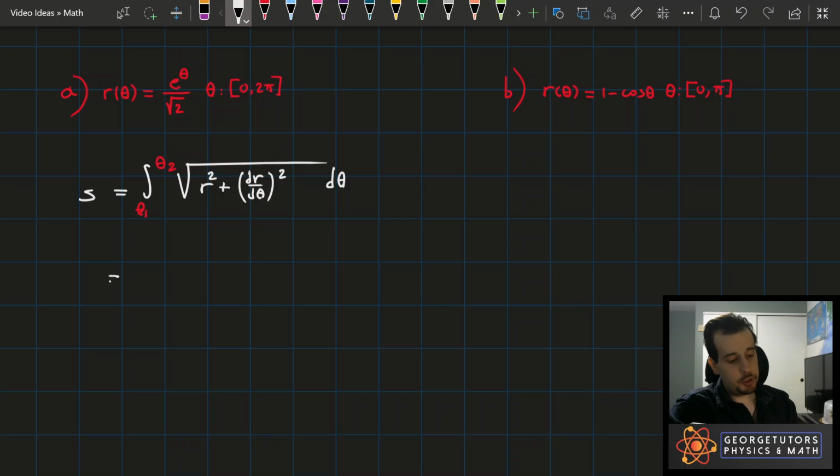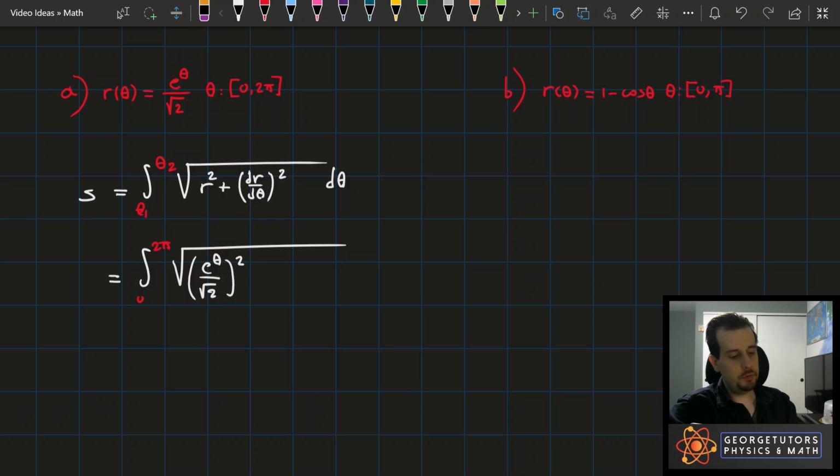The first one over here, it's telling us that it's going from 0 to 2 pi. It's being kind enough to give us the interval. And the function itself, if you can see, is e to the theta over root 2. That's what we're putting in here, so it's going to be getting squared.